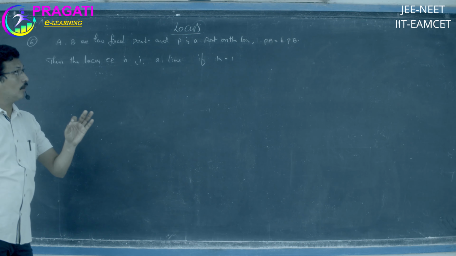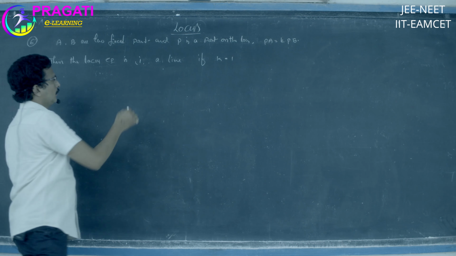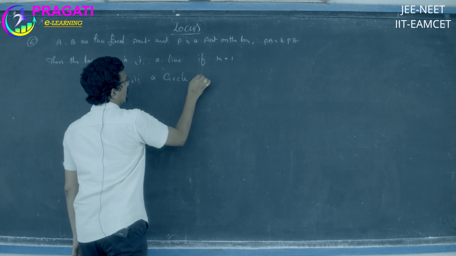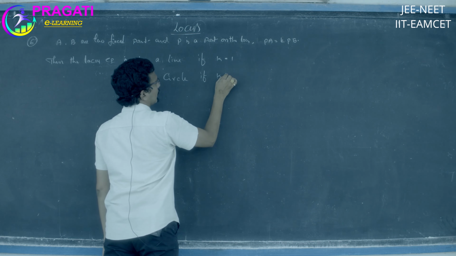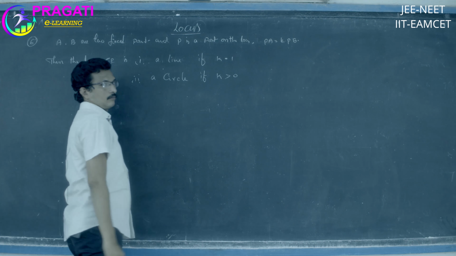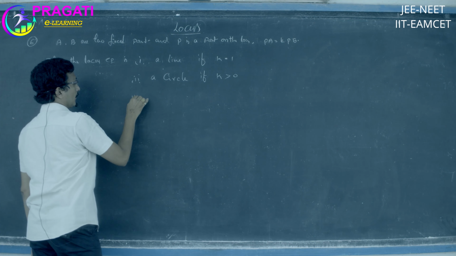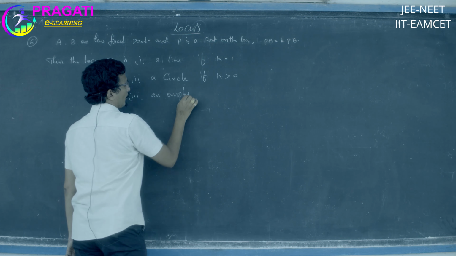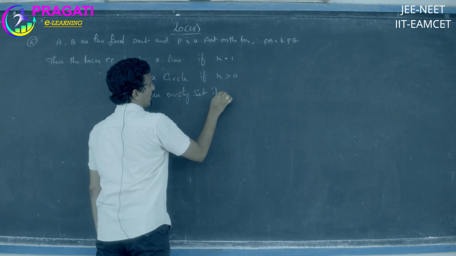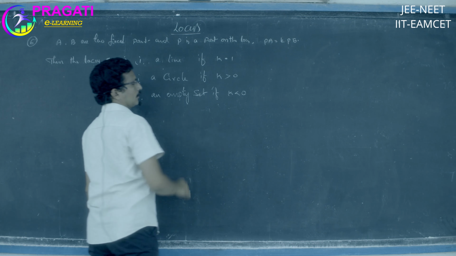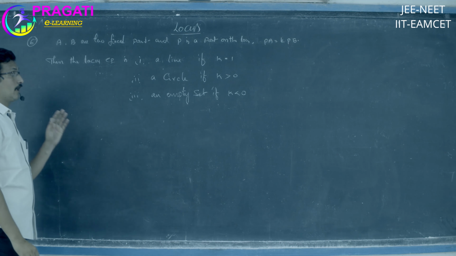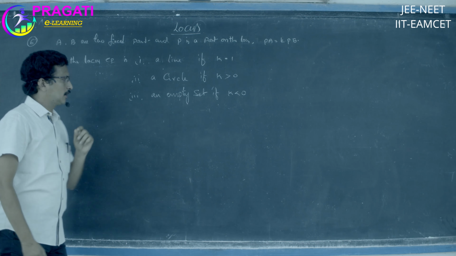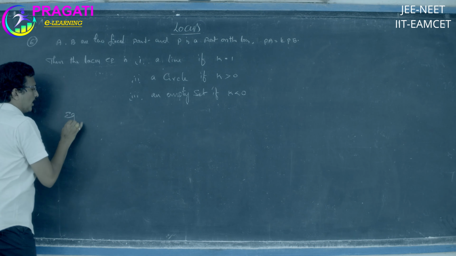Second one, it is a circle if k greater than 0. And third one is an empty set if k less than 0. An empty set if k less than 0, a circle if k greater than 0, a line if k equal to 1.